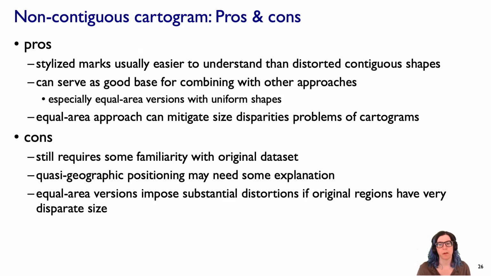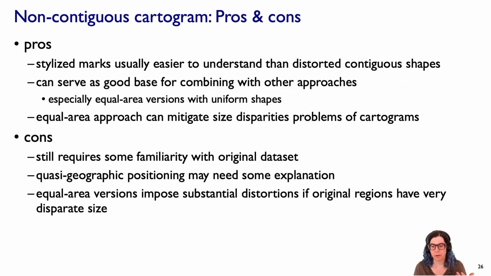You can color code. But the good thing is, if you do have an equal area approach, it solves that problem we had with the choropleths. So the choropleth map where you had size disparities, well, you no longer have size disparities. You've made every geographic region equal sized. So this is a great thing.